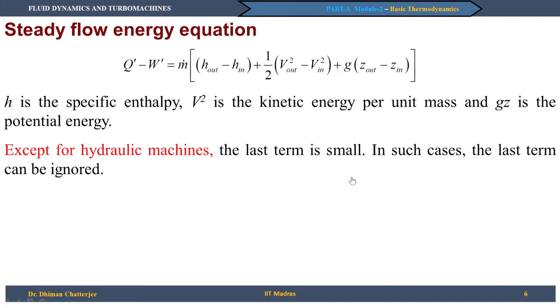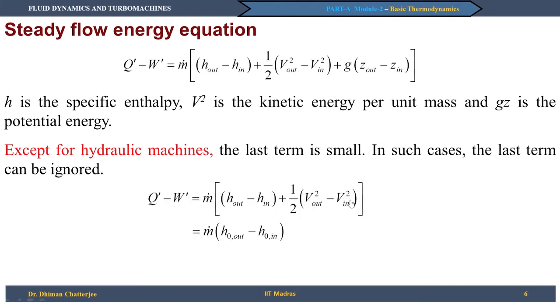That means for any turbo machine handling air or steam or any other gas, the change in potential energy can often be neglected, and we get that Q prime minus W prime is m dot times H out minus H in plus half V out square minus V in square, and this is equal to m dot times H 0 out minus H 0 in.